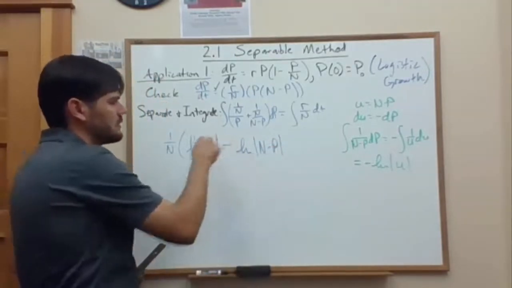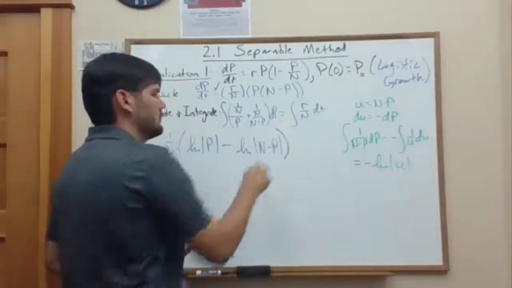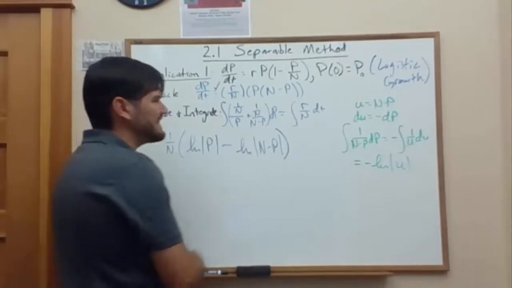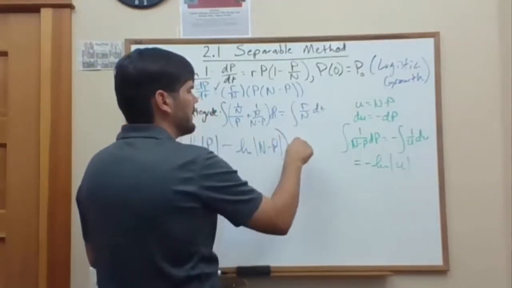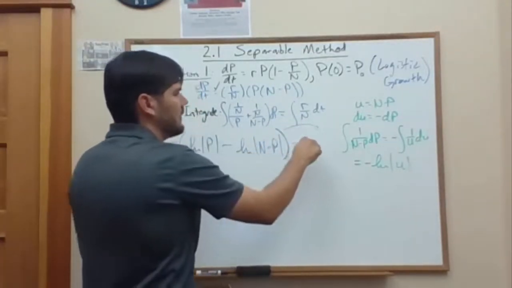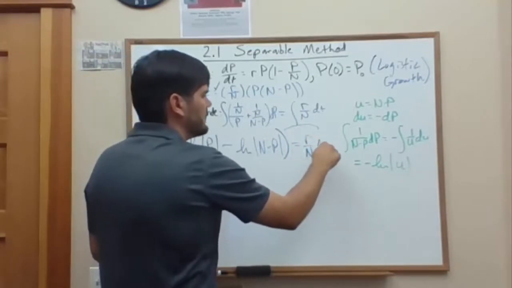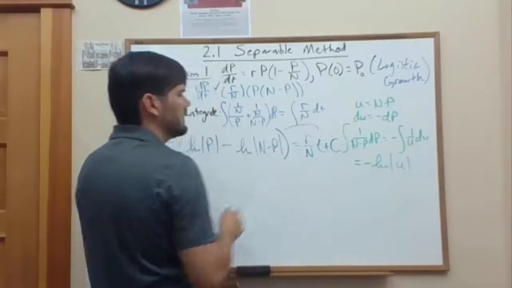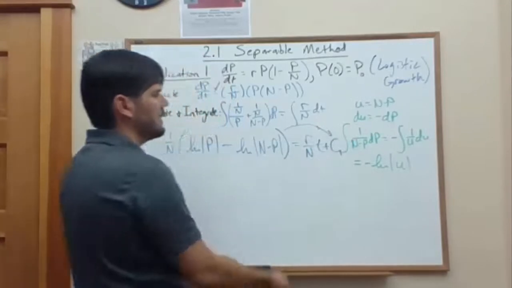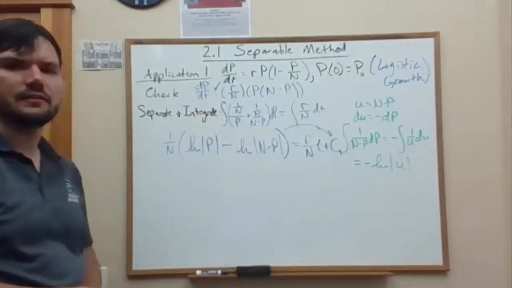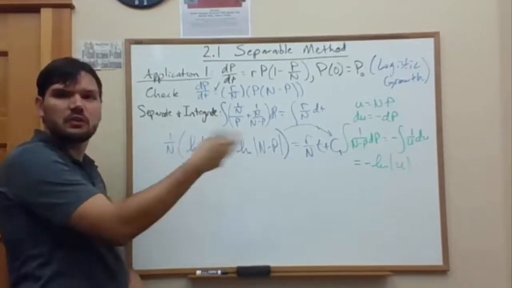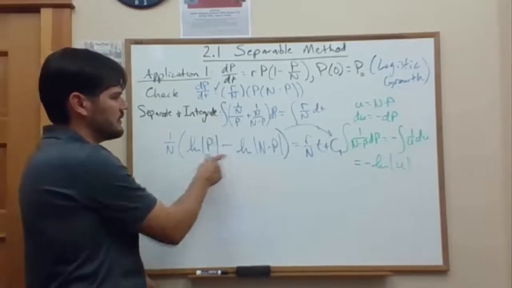That negative means I subtract the two logs. And then I will have a plus C. I'm going to send that plus C to the right-hand side and combine together. On the right-hand side, I'll have r over N times t plus C, and we'll call that just C1. It's a combined constant from the right-hand side and the left-hand side together. Now, since I have a common 1 over N, I can multiply through by N, and then also combine the logs together.